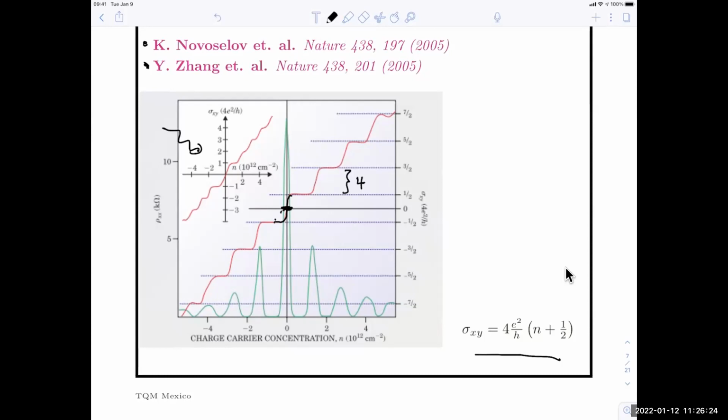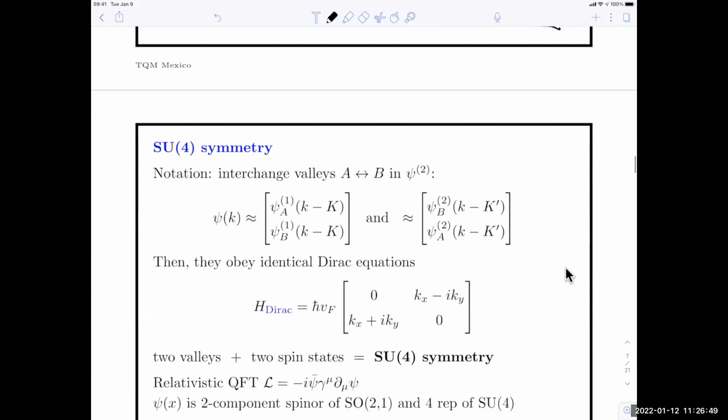And so you should be in the middle of the step, and that's seen beautifully here. Of course, much more sophisticated things have been done since this, and both the integer Hall effect and the fractional Hall effect have been observed, and there is a long story to be told here. But this was the one real signature of massless fermions that caught everyone's attention.